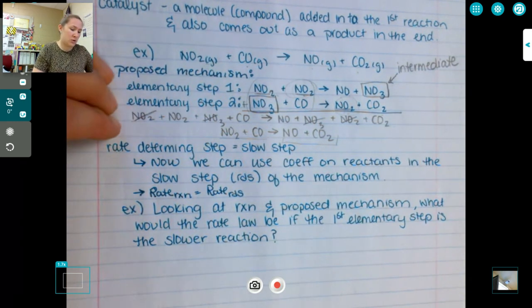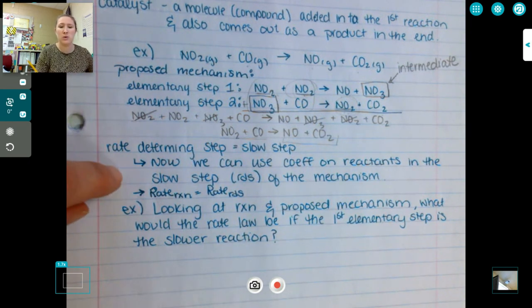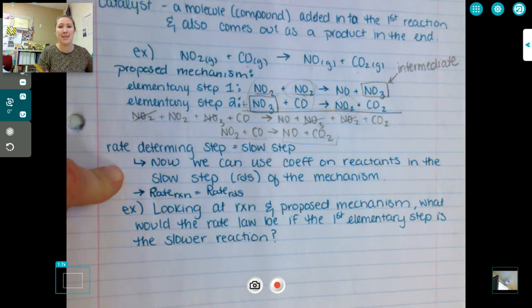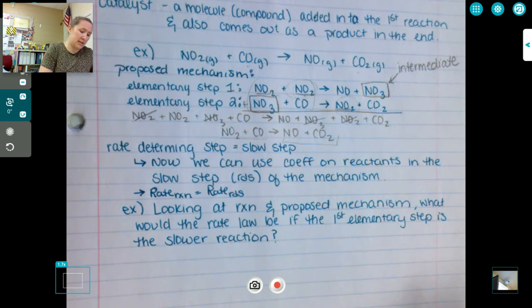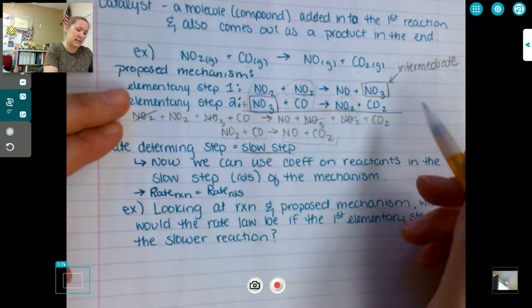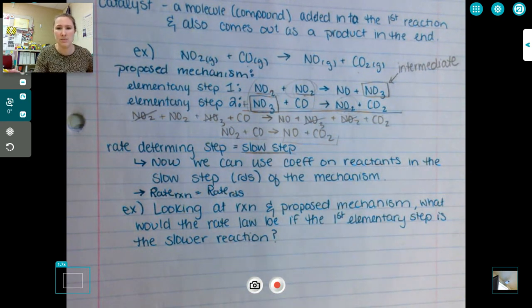Now, given elementary steps of my mechanism, sometimes if I'm told which one is the slow step, I can then write my rate law based off that information. So our rate determining step, or RDS, is the slow step. So it's the step of my reaction that takes way more time, which takes the majority of the time, therefore is the one that ends up being the rate of my reaction.